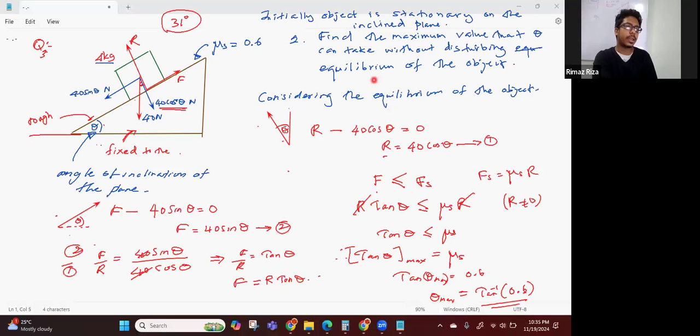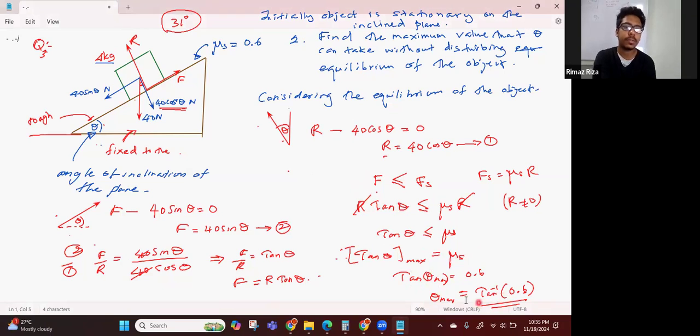Anyway, I recommend you to write this method also. In this way also you should write. As the friction force is always less than or equal to F_s, therefore if R tan theta is less than or equal to mu_s R, tan theta is always less than or equal to mu_s. So at the maximum angle, tan theta will be maximum, that is equal to mu_s.